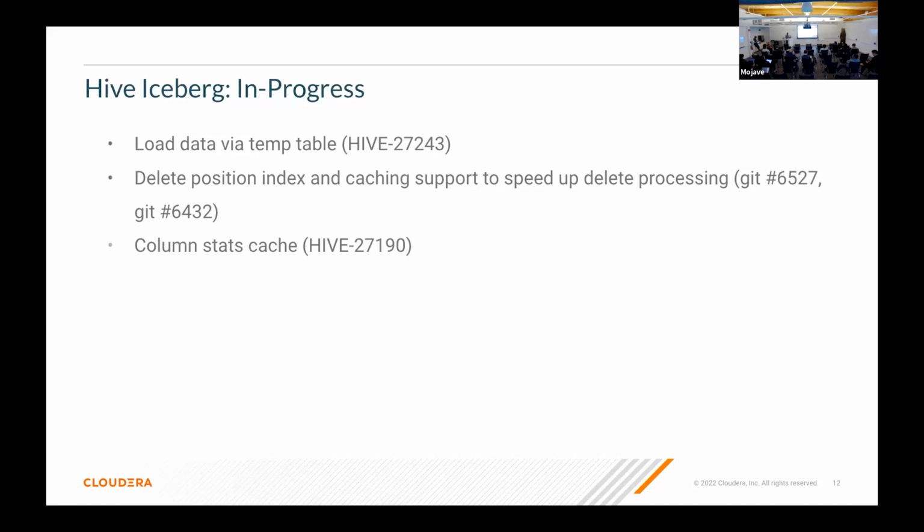So in order to do that, you have to convert it into some kind of intermediate format to get to that field ID, because Iceberg tracks different columns based on positional indexes within the table.